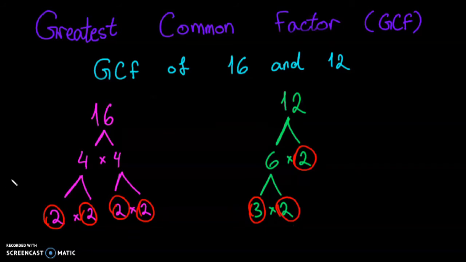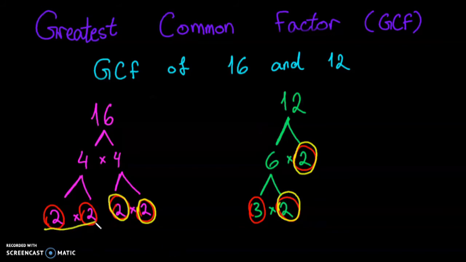And now we look at the circled numbers, and we take the numbers that are the same. So for example, we have a 2 here and another 2 here. I'm going to circle them with another color. We also have a 2 here and a 2 here.